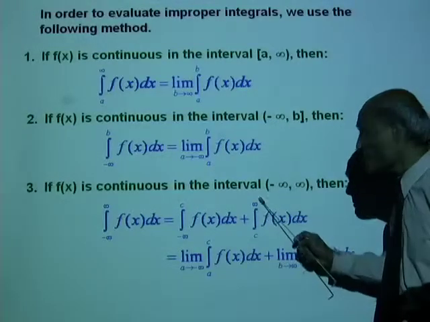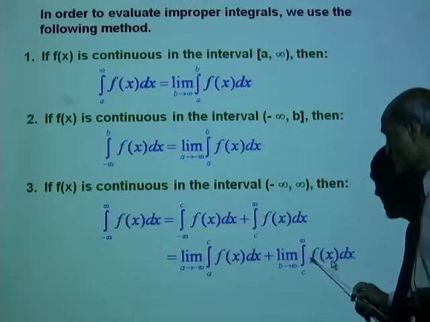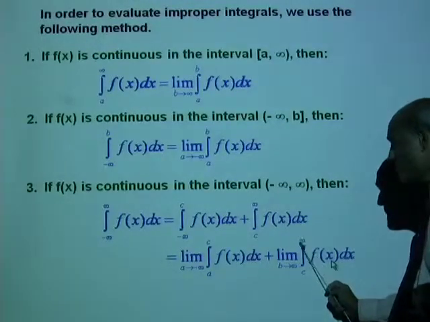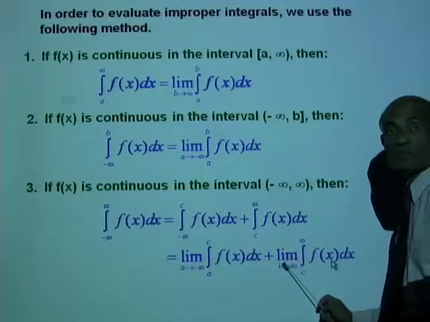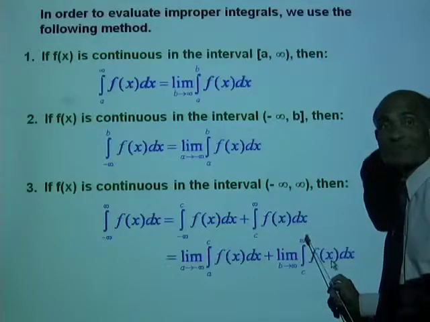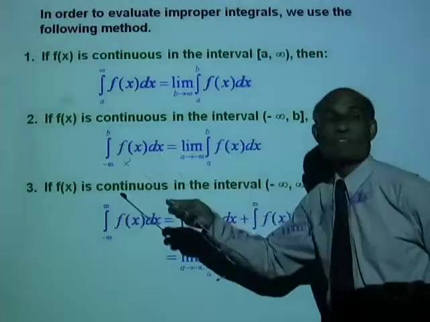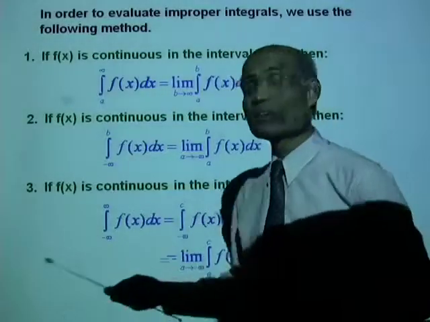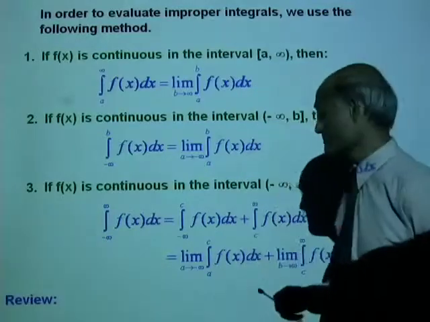Limit b approaches infinity, integral c to infinity, well, c to b, we have replaced that infinity by b, so it should read limit b approaches infinity, integral c to b f of x dx. So these are some of the methods that we'll employ in evaluating such improper integrals.